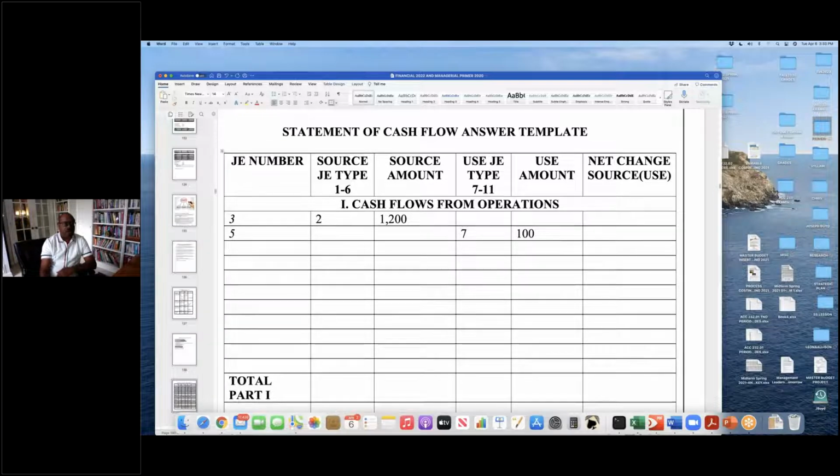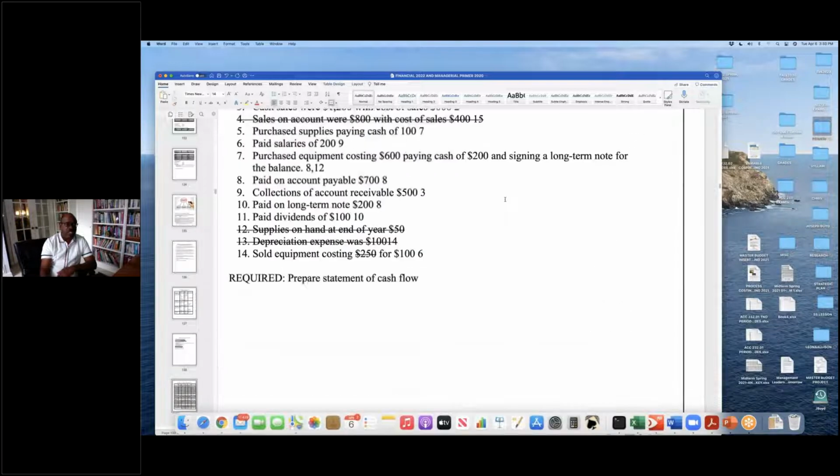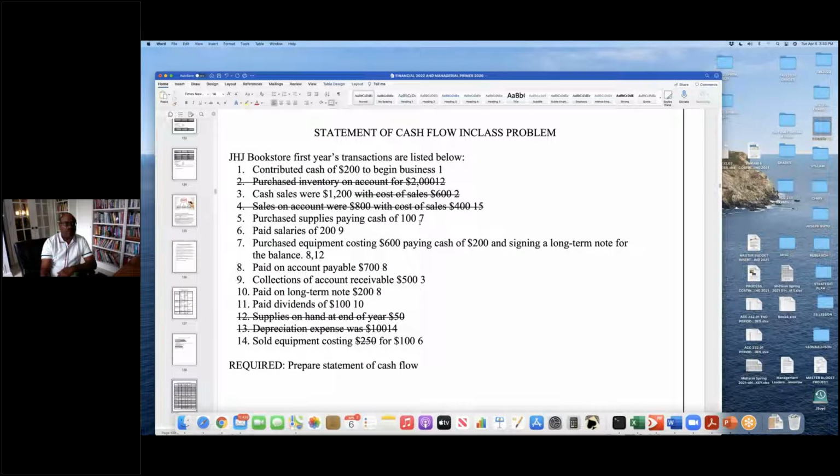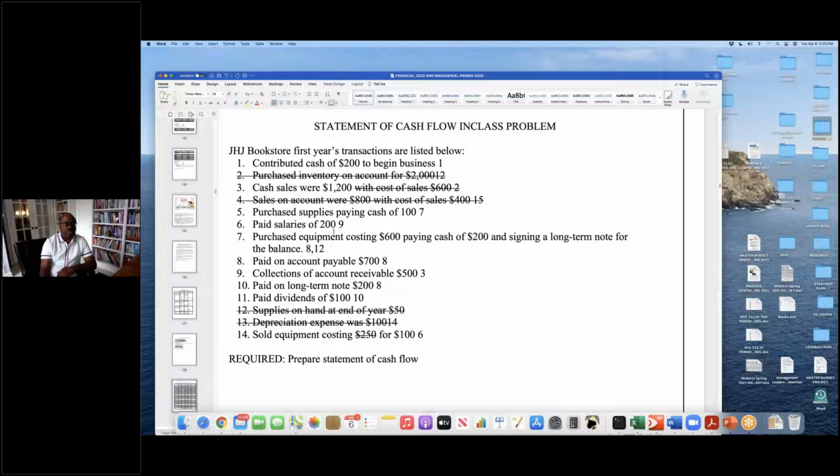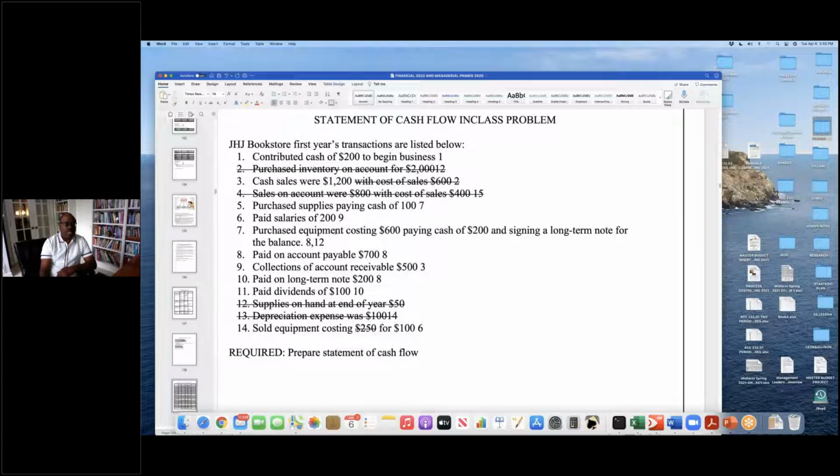So we're just going journal entry by journal entry that we did not strike out. Paid salaries of 200. If it's struck out, what does that mean again? It does not go on the cash flow statement because it's not a cash transaction. That's a good question.